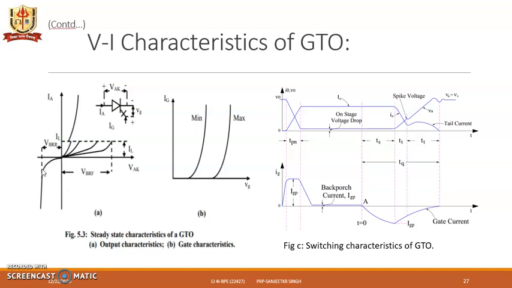And in the reverse direction, it is in a blocking state till it reaches the breakover voltage in the reverse direction, and once it reaches that breakover voltage, a large current will flow. So the desired operation is in the first quadrant. The second characteristic is the gate characteristic, where the gate current is plotted with respect to the increasing gate voltage.